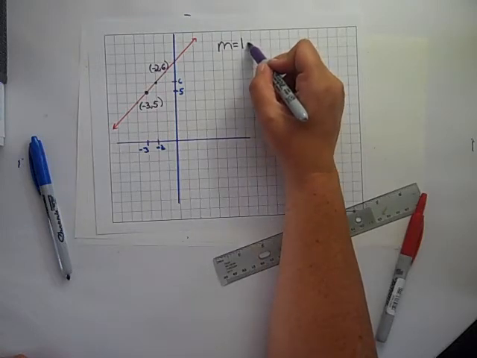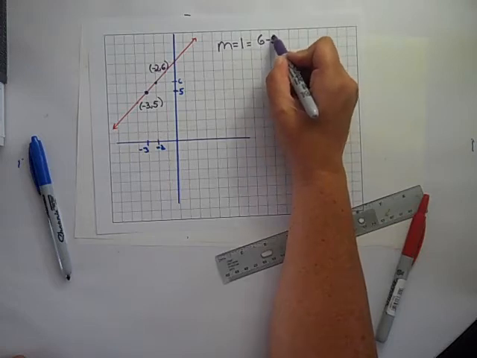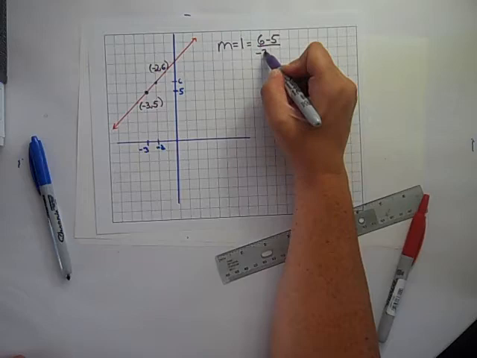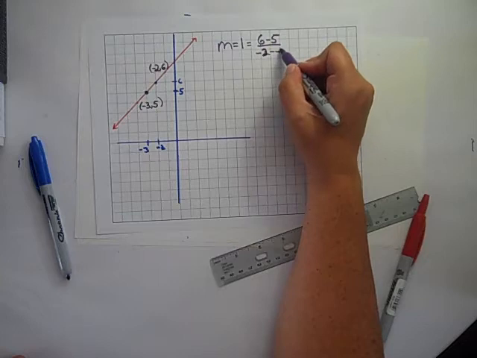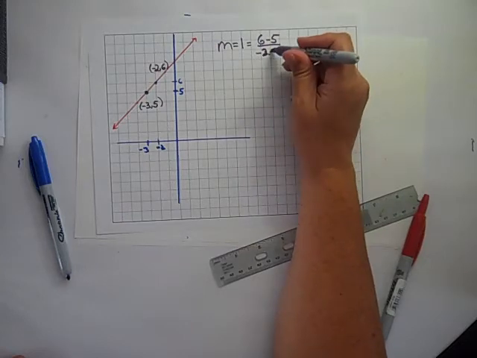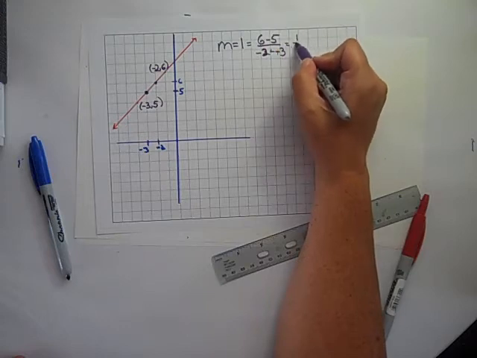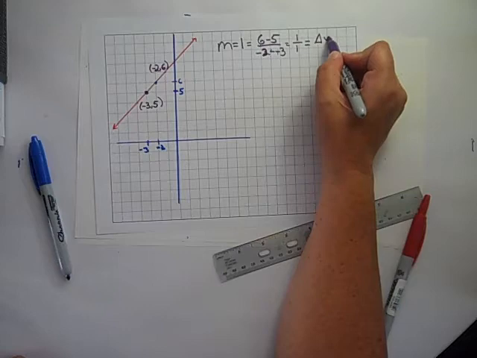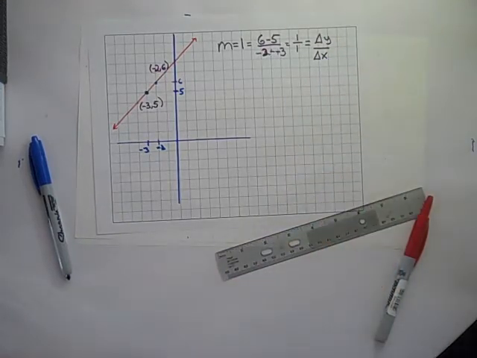and if we did the y2 minus y1, it would be 6 minus 5 over -2, because that's x2, minus -3, because those both become positive, and we get 1 over 1, and that equals change in y over change in x.